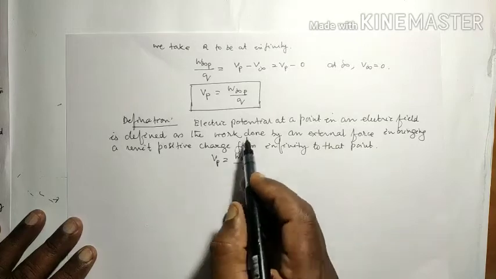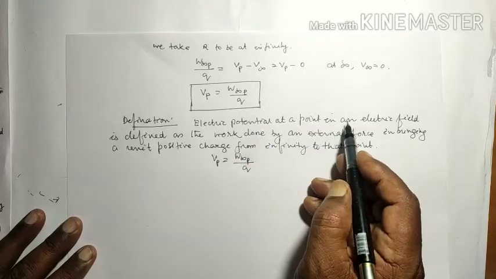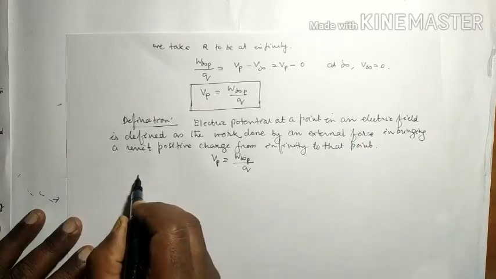We can also define electric potential at a point as the electric potential energy per unit positive test charge.